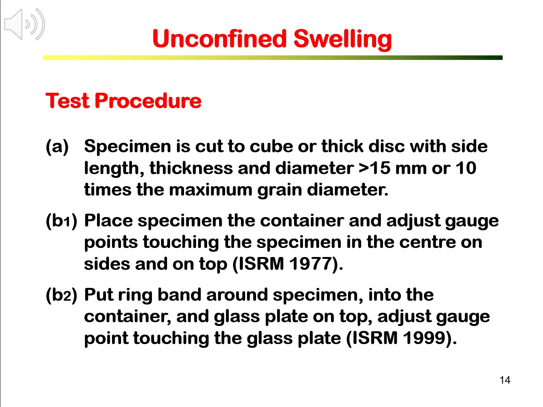If you have the apparatus suggested by the ISRM in 1977, you place the specimen in the center of the container box, adjust the 4 lateral micro dial gauge points to touch the specimen sides in the middle, and the axial dial gauge point touching the specimen on the top central point.